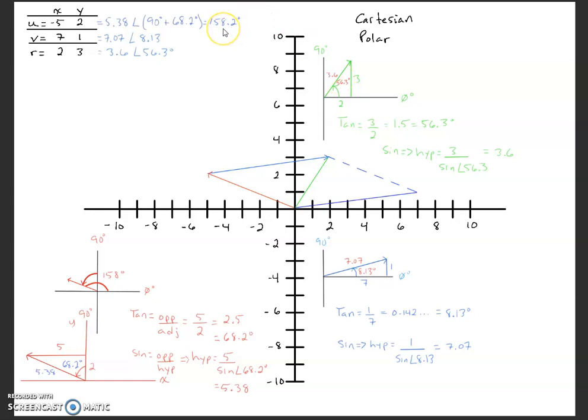So now we use our calculator, our polar function. If we input 5.38 angle 158.2 plus 7.07 angle 8.13, then we will get 3.16 with some decimals, angle 56.3, or somewhere around 56.3.